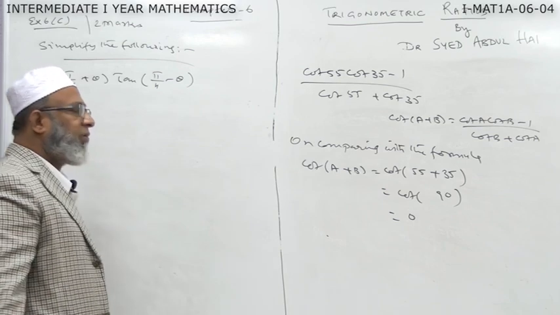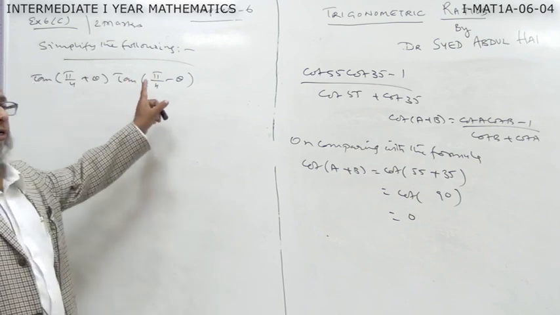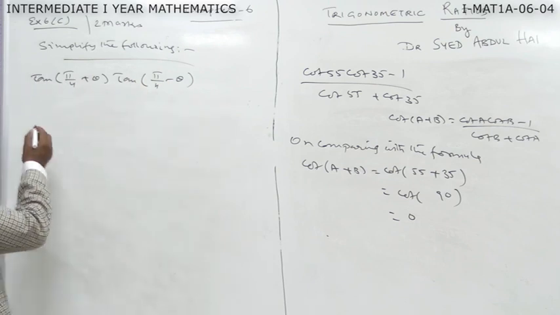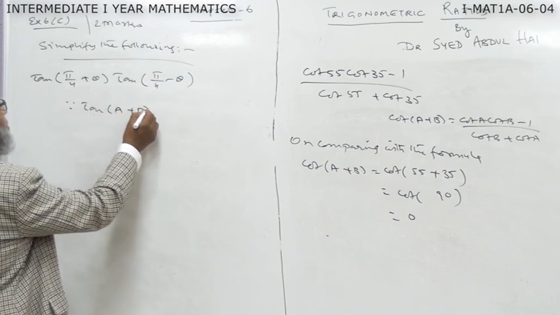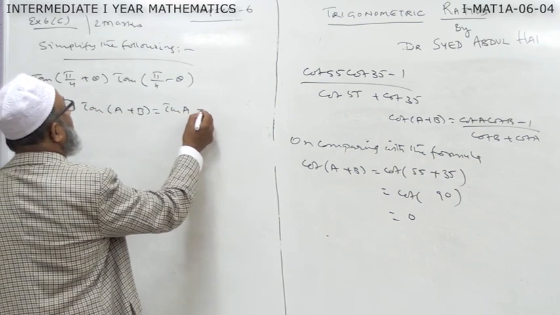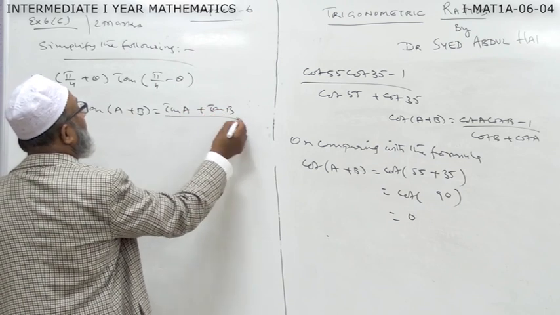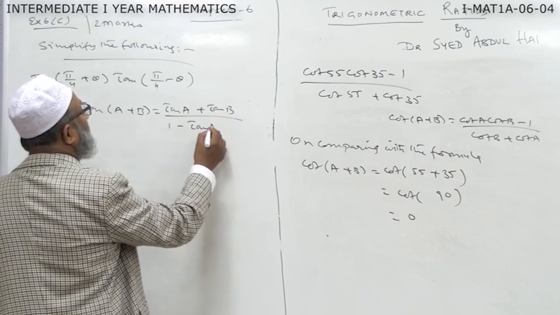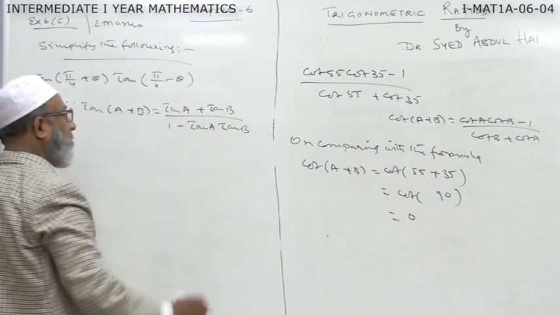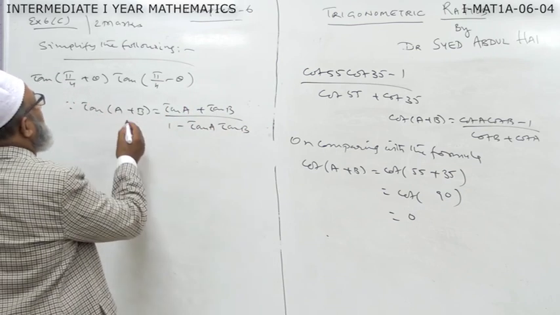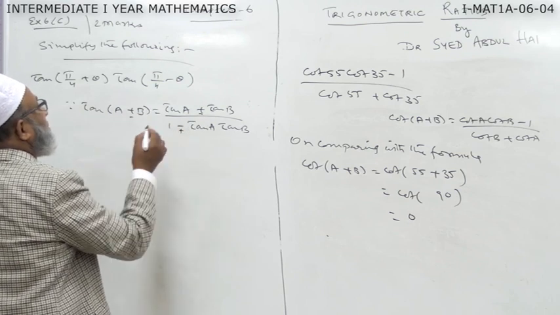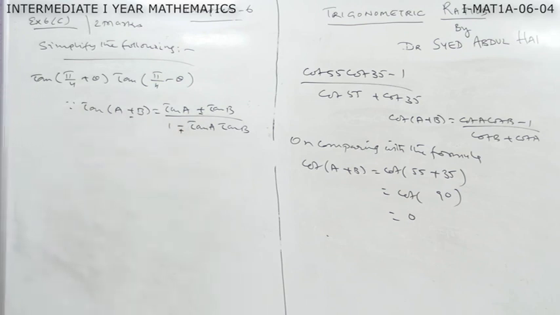It is the form of tan of A plus B, tan of A minus B. So, this can be written as, what is the formula? Tan of A plus B is equal to tan A plus tan B by 1 minus tan A tan B, right? Tan of A minus B is tan A minus tan B by 1 plus tan A tan B.